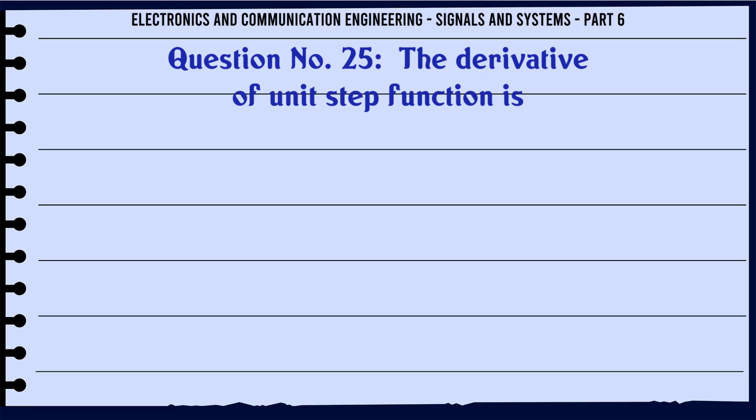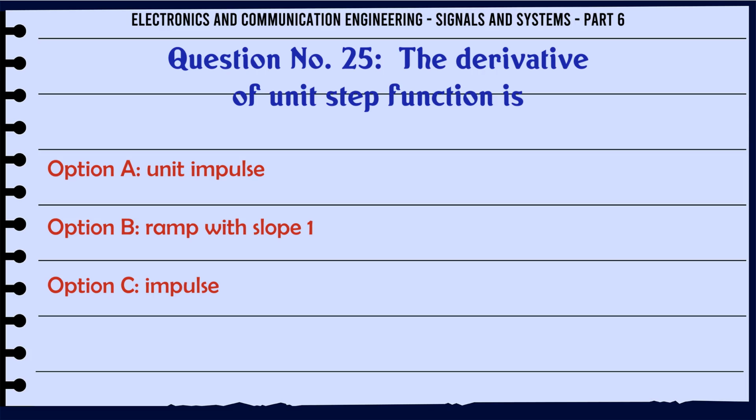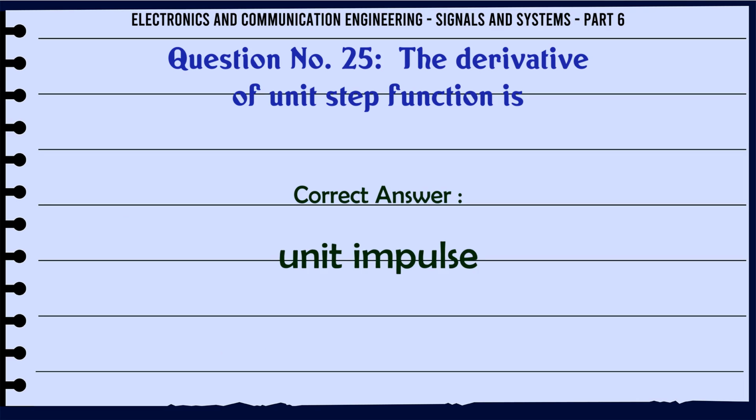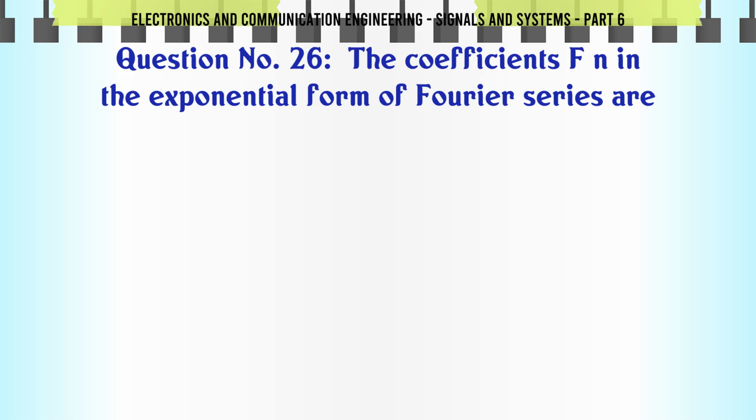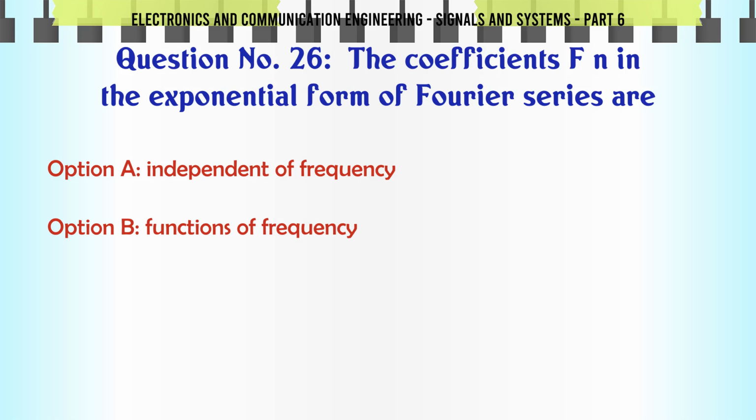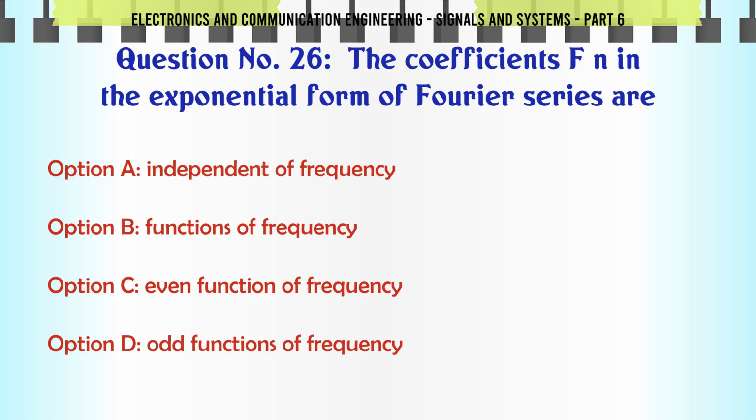The derivative of unit step function is: A. unit impulse, B. ramp with slope 1, C. impulse, D. either A or B. The correct answer is unit impulse. The coefficients Fn in the exponential form of Fourier series are: A. independent of frequency, B. functions of frequency, C. even function of frequency, D. odd functions of frequency.